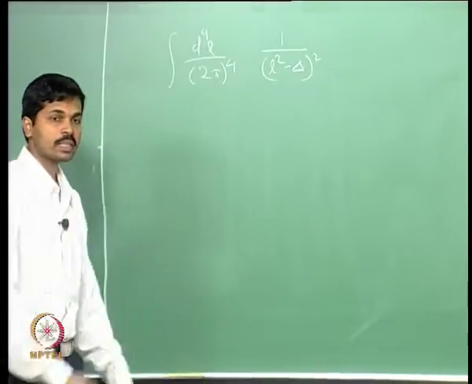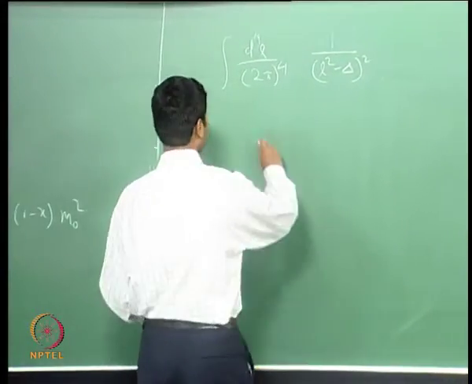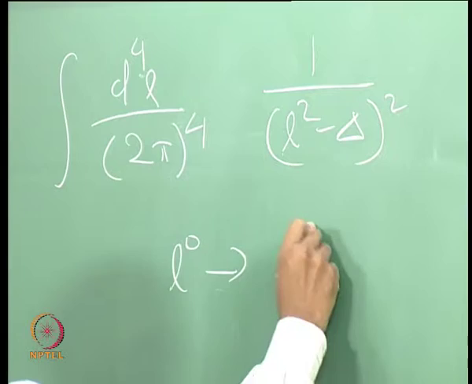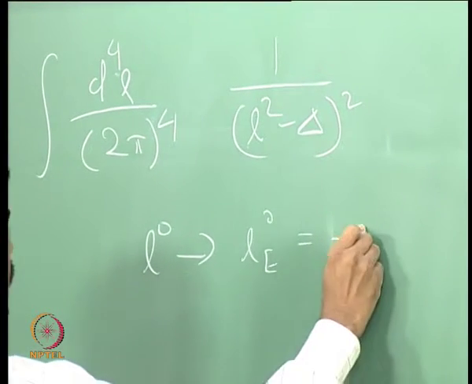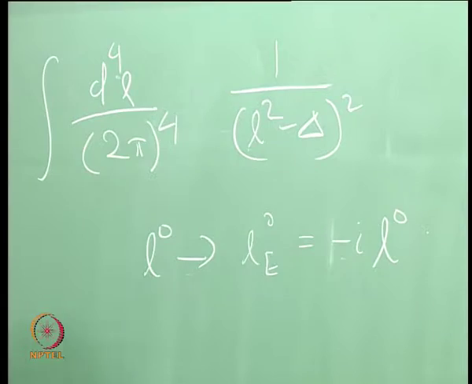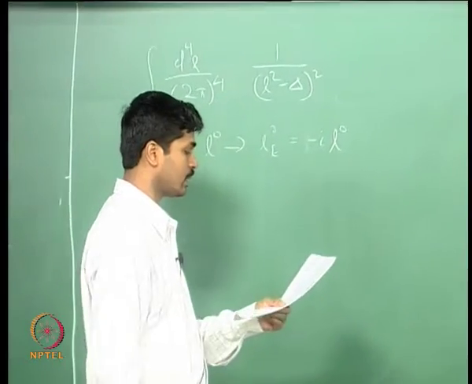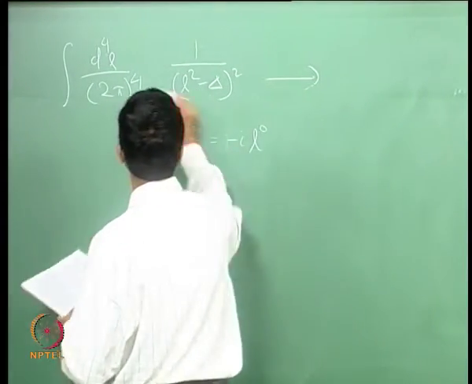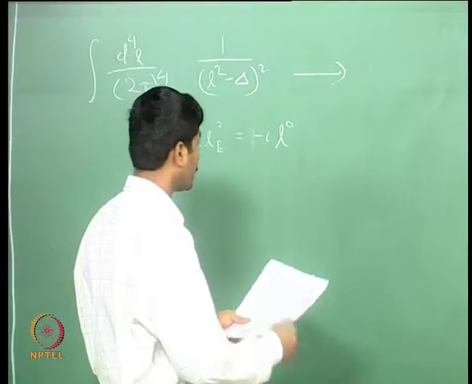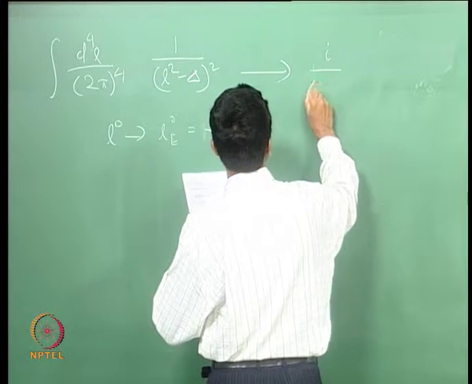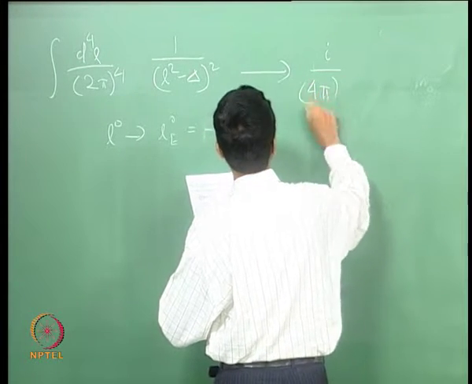I will Wick rotate this. So, what I will do is that instead of L 0, I will just write it as L E 0, which I will denote as minus I L 0, and then I will do the integration in the Euclidean space. The regularization, the introduction of the UV cutoff, together will amount to replacing this integration here by I divided by 4 pi whole square.